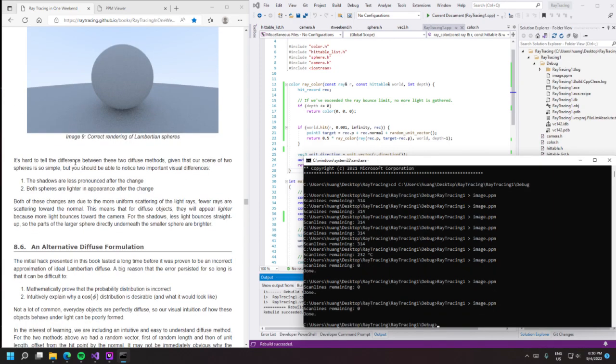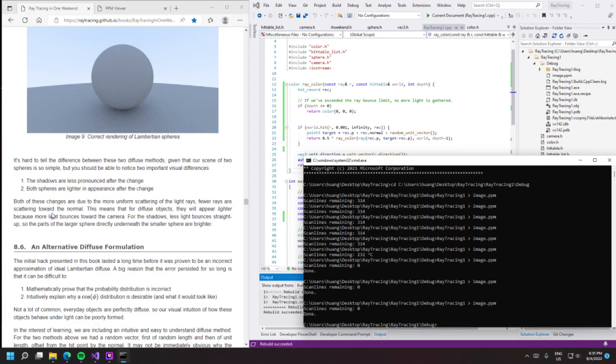It will be hard to tell the difference, given that our scene of two spheres is so simple, but you should be able to notice two important visual differences. One is that the shadows are less pronounced after the change. Two is both spheres are lighter in appearance after the change. Both of these changes are due to the more uniform scattering of the light rays.